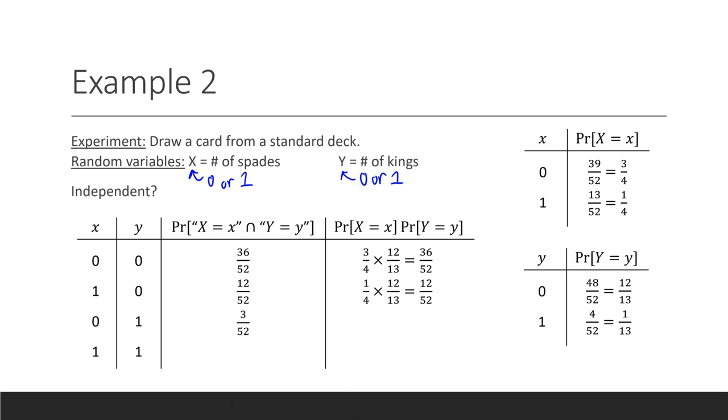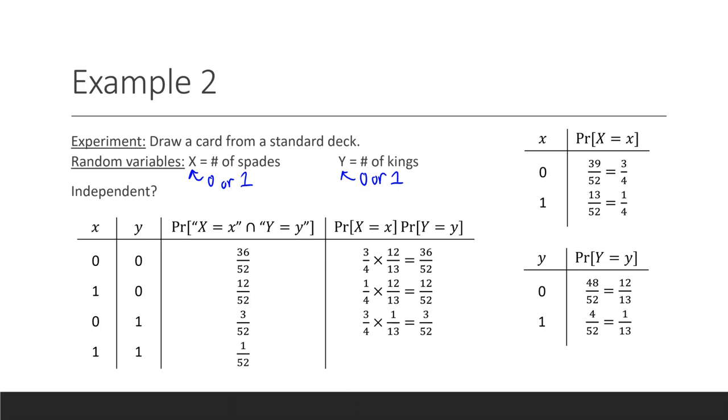Here, there are 3 cards which are a king but not a spade out of 52, so 3 out of 52 probability. And to get over here, we have this 3/4 times 1/13, which is 3 out of 52.